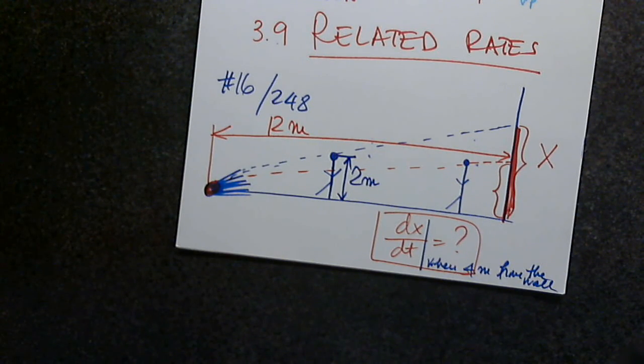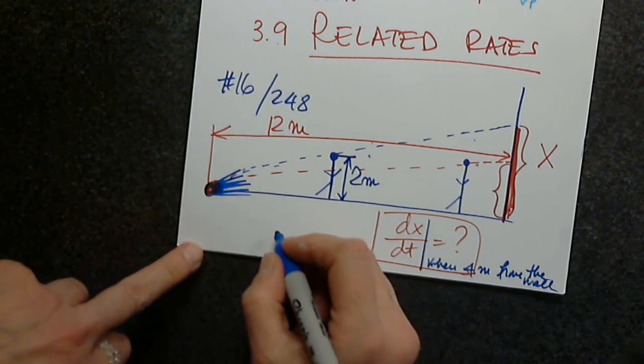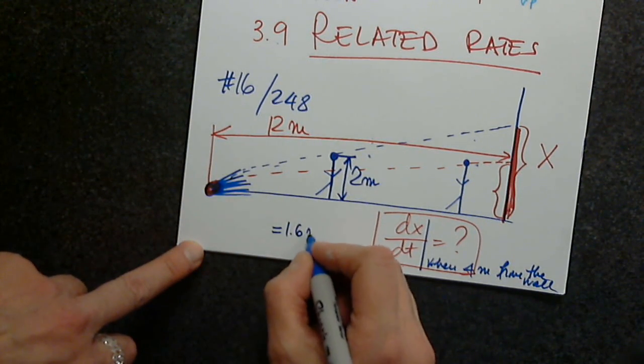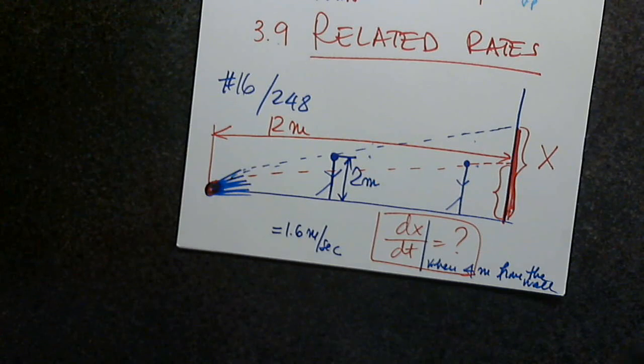And walks on the spotlight towards the building at a speed of 1.6 meters per second. This is crucial. I need to identify what this means. So I start here. Here's the flashlight or spotlight, and I walk at 1.6 meters per second. What does that mean?